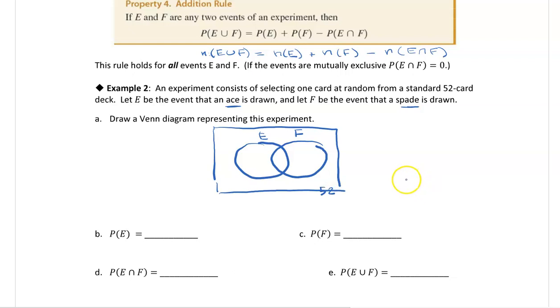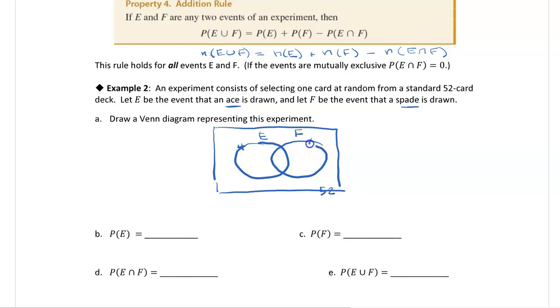Let's think about the first event, drawing an ace. How many aces are in a deck of cards? There's ace of hearts, ace of spades, ace of diamonds, ace of clubs. So there are four aces in a deck. Event F is the event of drawing a spade. How many spades are there? There's ace through 10 and then jack, queen, and king.